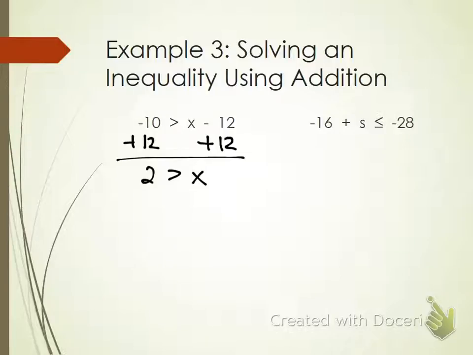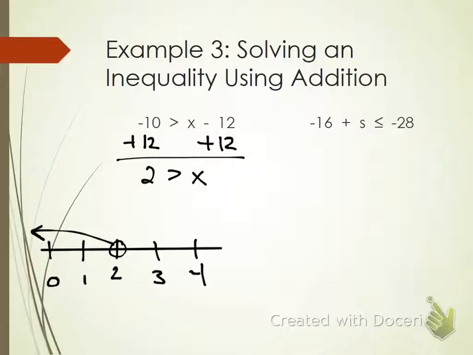So when I graph that on my number line, and I graph a 2 here, and a 1 here, and a 0, and a 3, and a 4, is it an open dot or a closed dot? Open. And which way does my arrow go? To the left, because all numbers have to be less than 2. You have to read the variable first. All numbers less than 2 are solutions.